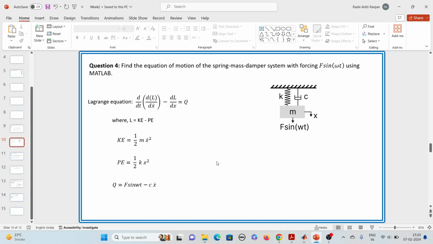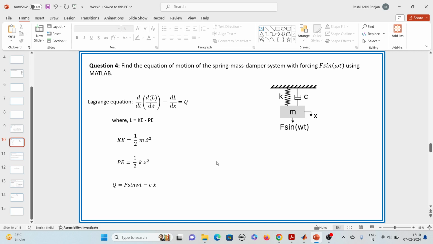Neither is it an inertia force, so it does not contribute towards the kinetic energy either. So how am I going to consider it? As you must have studied in the lecture, in the extended Hamilton's principle there was this Wn, the work done due to the non-conservative forces.